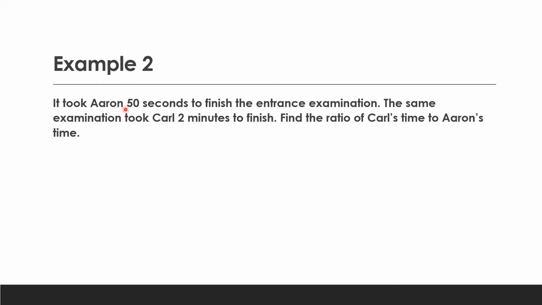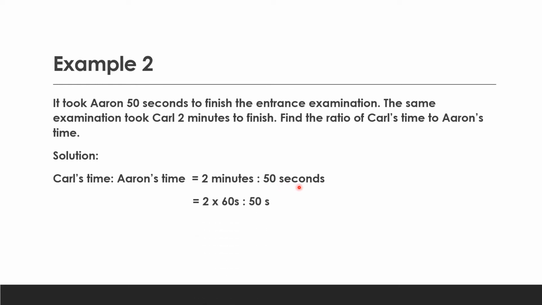Example number 2. It took Aaron 50 seconds to finish the entrance examination. The same examination took Carl 2 minutes to finish. Find the ratio of Carl's time to Aaron's time. Solution. Carl's time is to Aaron's time, that's 2 minutes is to 50 seconds.